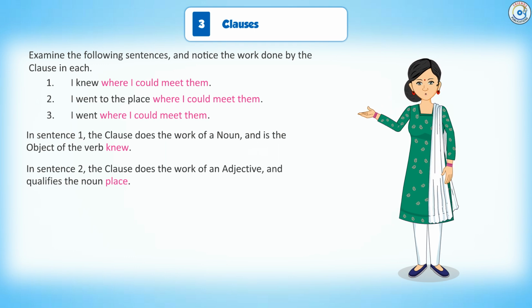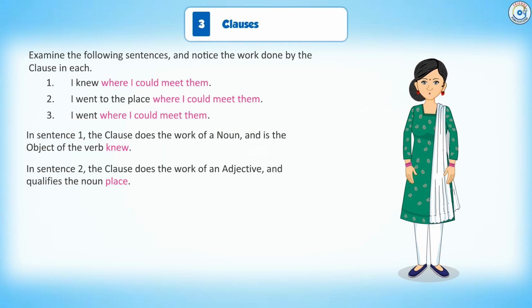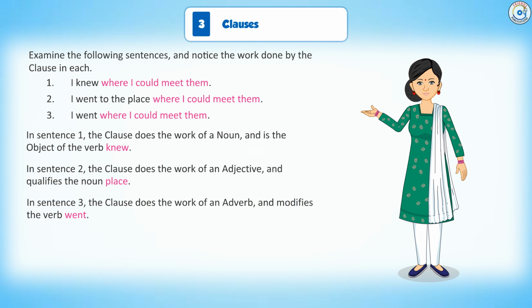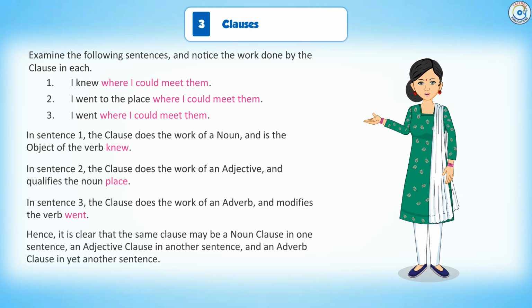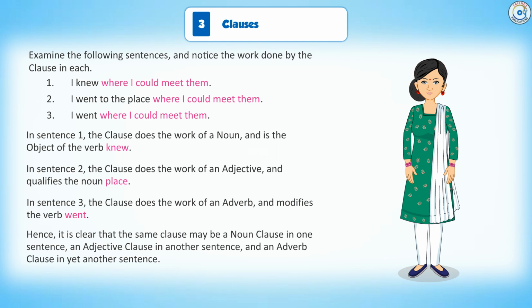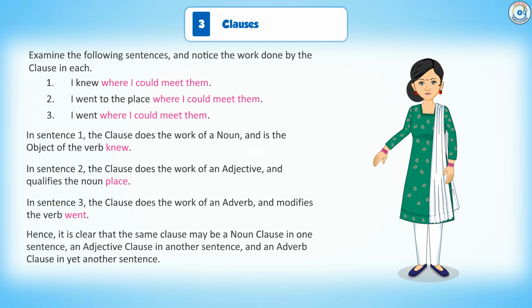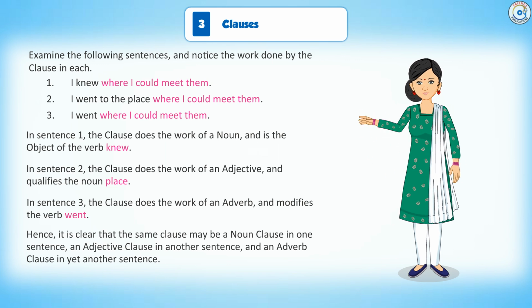In sentence 2, the clause does the work of an adjective and qualifies the noun place. In sentence 3, the clause does the work of an adverb and modifies the verb went. Hence, it is clear that the same clause may be a noun clause in one sentence, an adjective clause in another sentence, and an adverb clause in yet another.